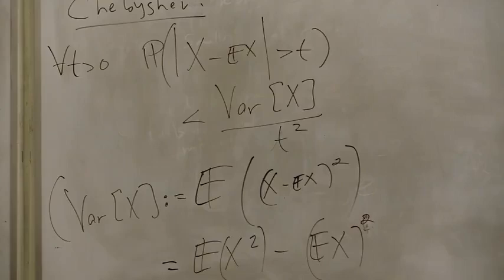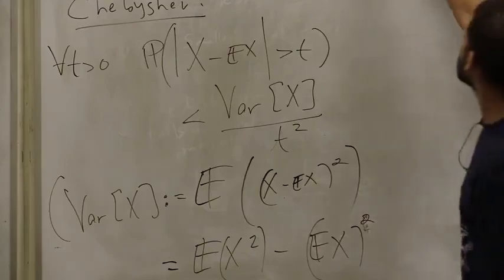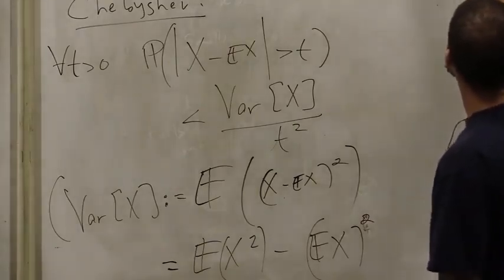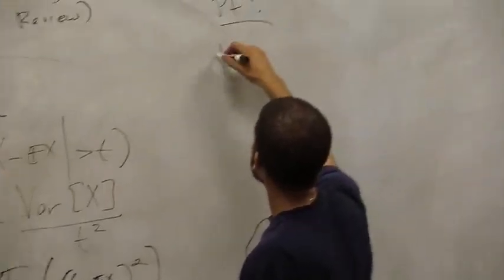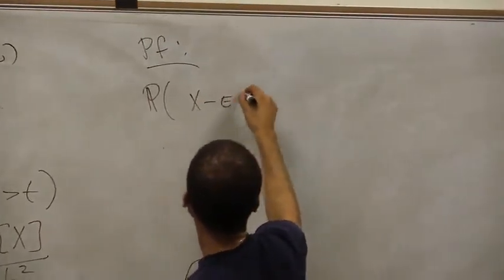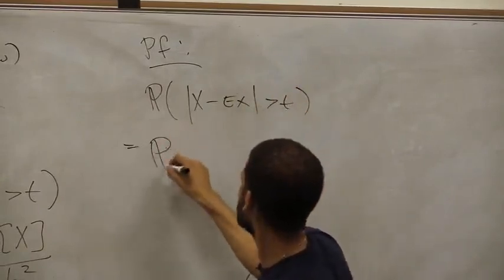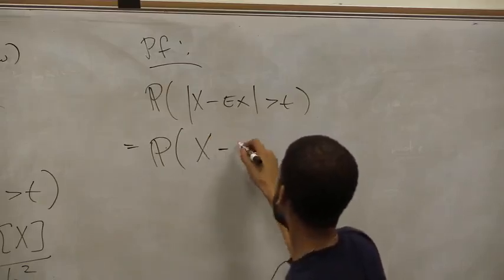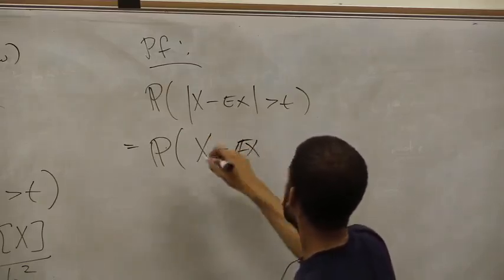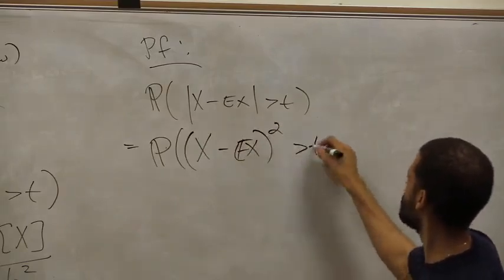And since it's so simple, I'll prove Chebyshev. The probability that X deviates from its expectation in absolute value by more than t is the same as the probability that, just squaring both sides of the inequality, (X minus the expectation) squared is bigger than t squared.